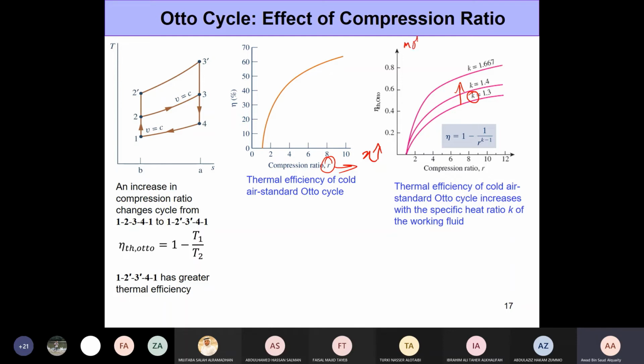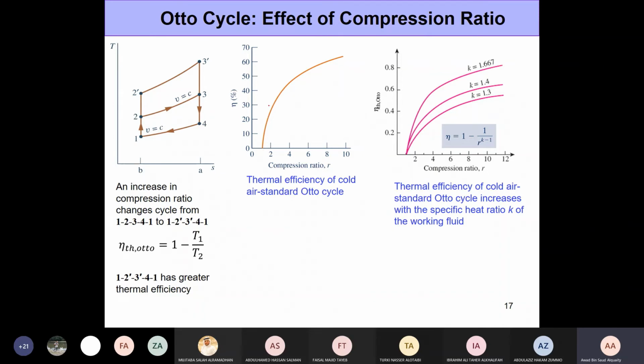It depends on the molecule that you're dealing with. So for air, the value of K is 1.4 at about 300 Kelvin. For noble gases such as argon or helium, the value of K is 1.667. So this is different for different gases. You really can't play much around with it, but it's certainly higher for noble gases.